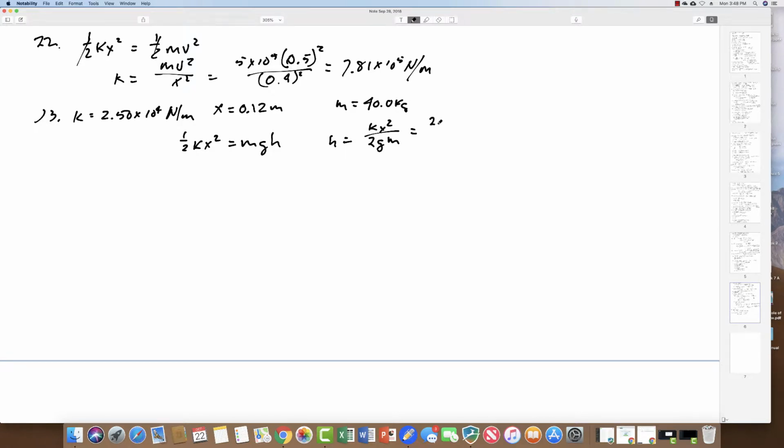So this is going to be 2.5 times 10 to the fourth times 0.12 squared divided by 2 times 9.8 times 40. And that's going to give us a height of 0.459 meters, which moves into something called non-conservative forces.